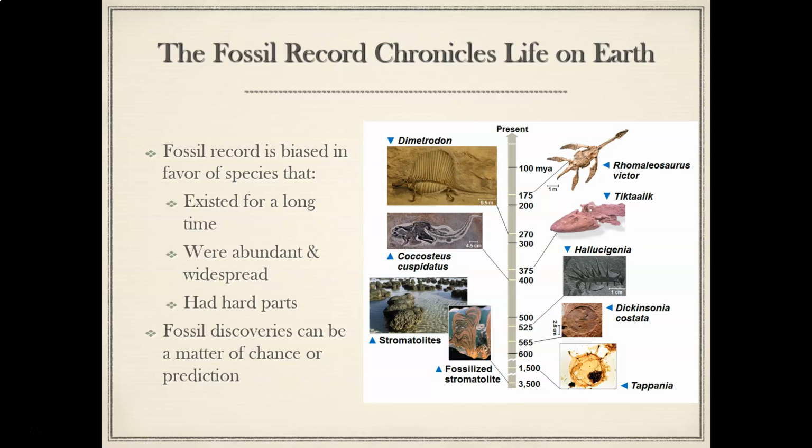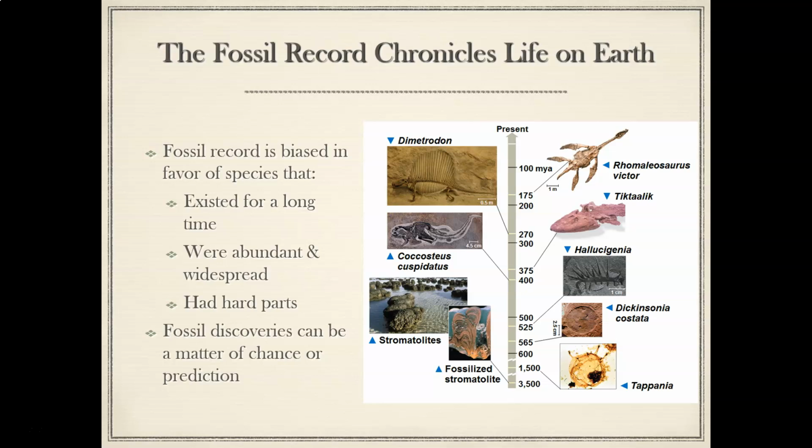So that's one piece. The other thing that comes along with some caveats to the fossil record, though, is that it's going to bias species that exist for a long period of time. In order for these species to get fossilized, they have to get trapped in the sediment.